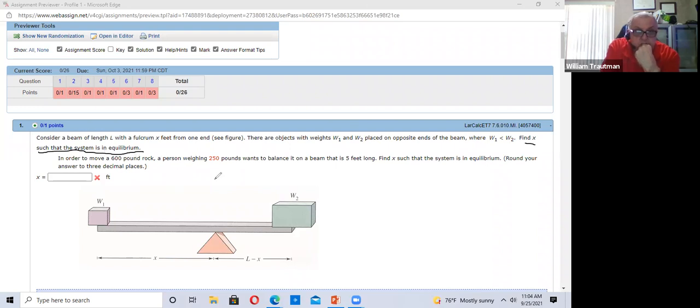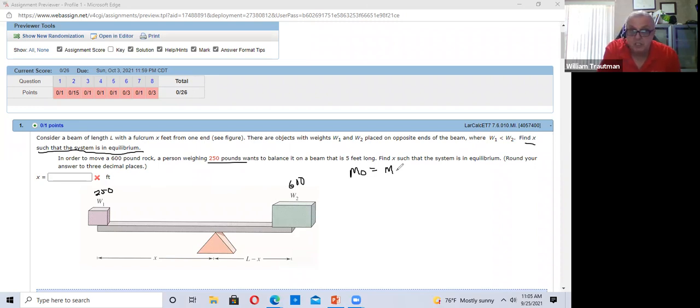In order to move a 600-pound rock, this is 600 pounds, a person weighs 250, this is 250. Once again, the higher one is W2. So if we look at our formula, moment, and remember, we have to get the moment to equal 0 for it to be balanced.